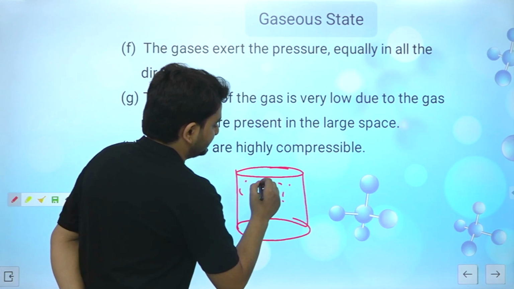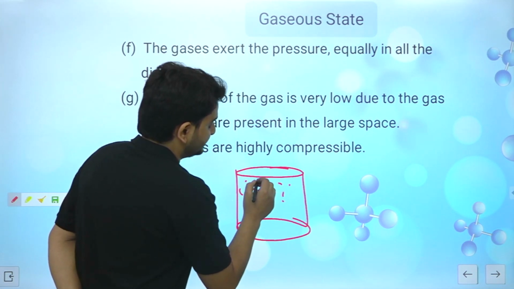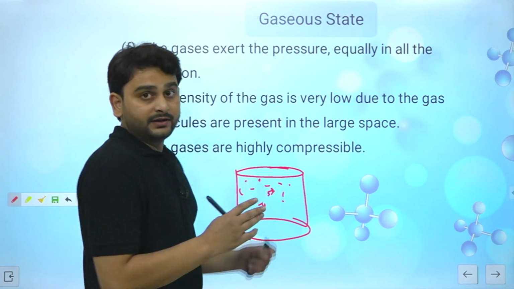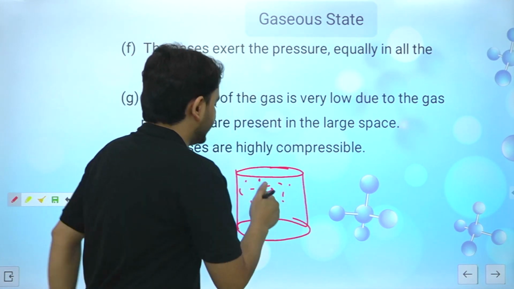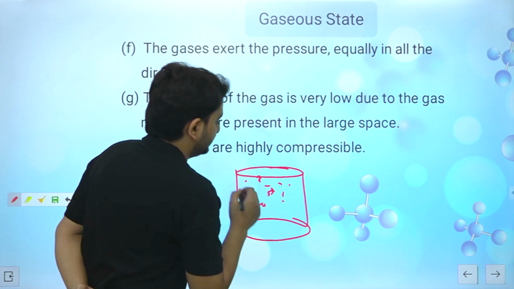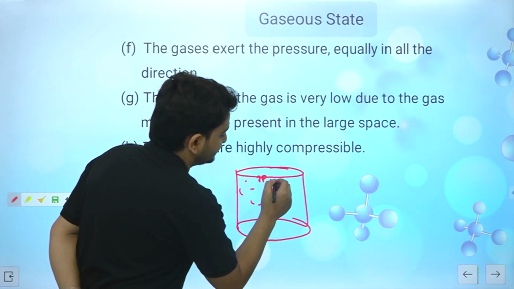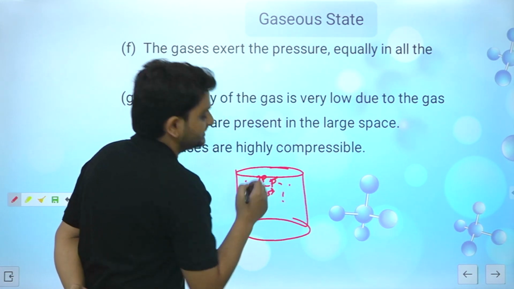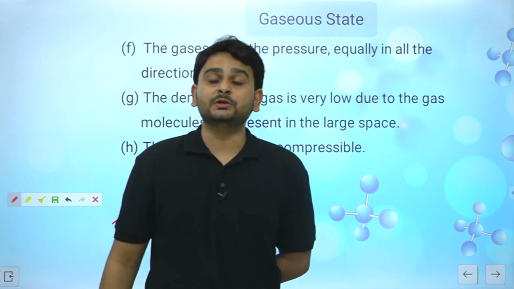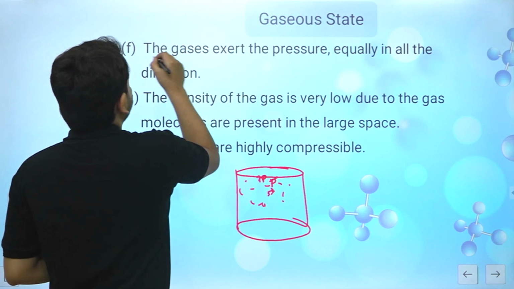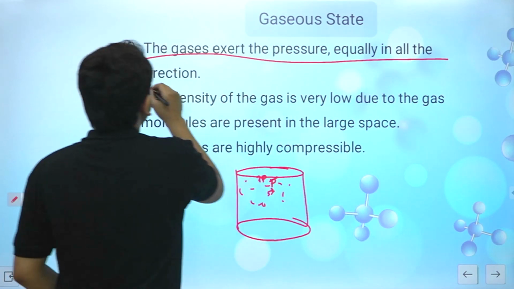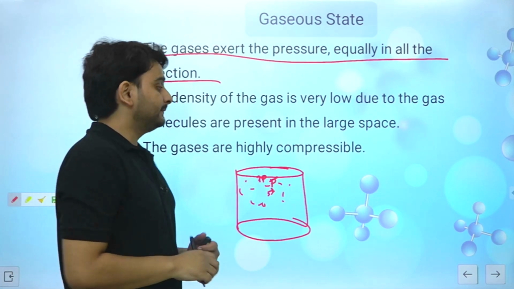For example, if this particle collides head on, at 90 degrees, with the wall of the container, the pressure will be the same. If it collides like this, even in that case the pressure will be the exact same value, right? So remember this, gases exert pressure equally in all directions, right? Great.